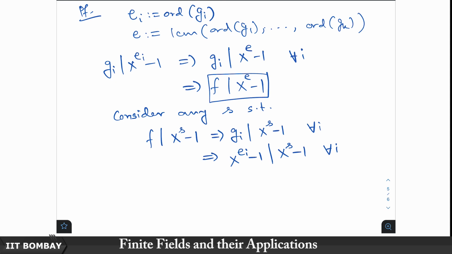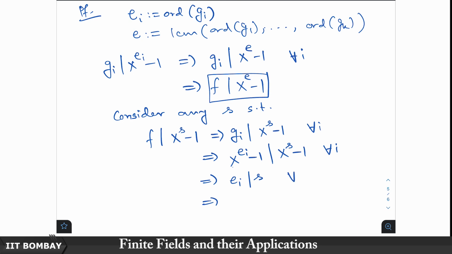We have seen that g_i divides x^s minus 1 if and only if e_i, the order of g_i, divides s, and that is if and only if x^(e_i) minus 1 divides x^s minus 1, which is the same as e_i dividing s.